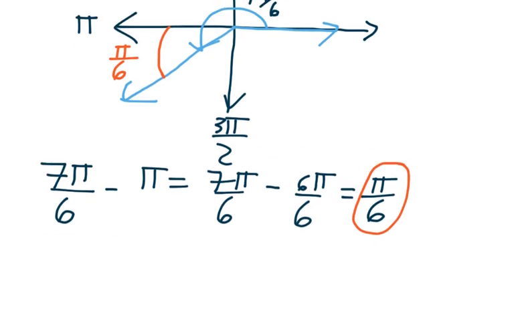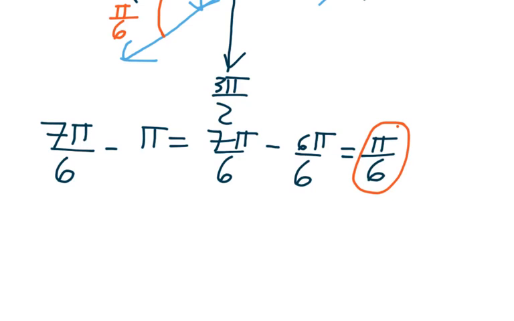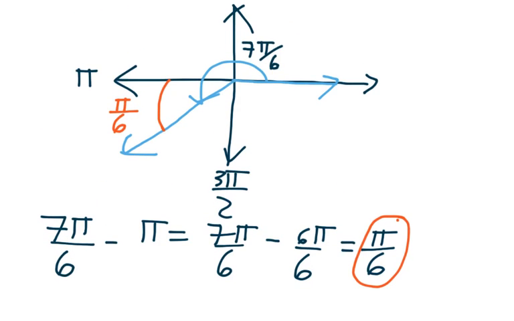Also, since we're in quadrant 3, remember, all students take calculus. In quadrant 3, tangent is positive. It's the only one of sine, cosine, and tangent that's positive. The A means they're all positive.